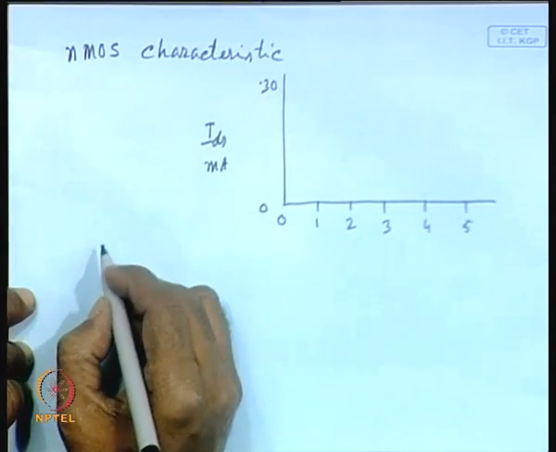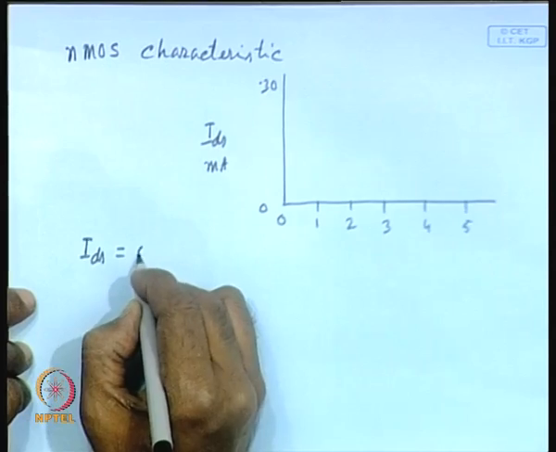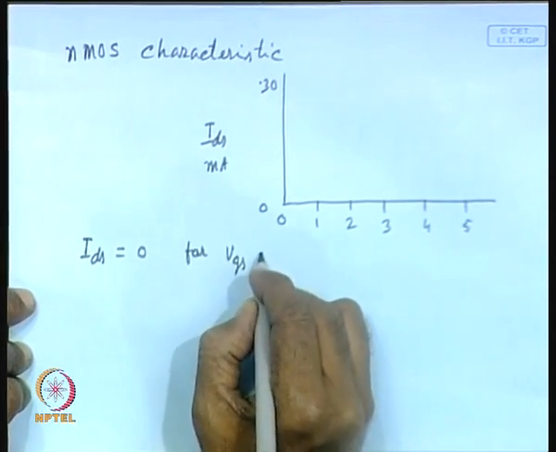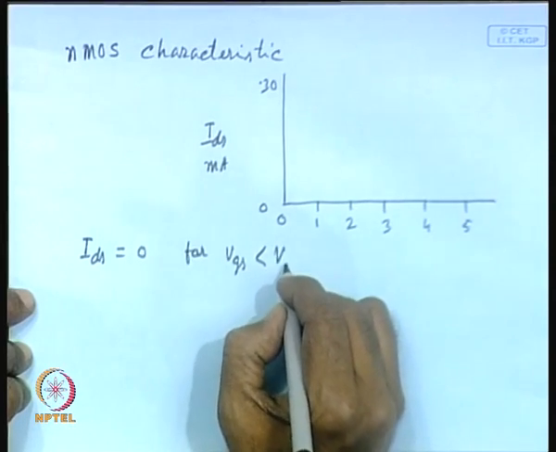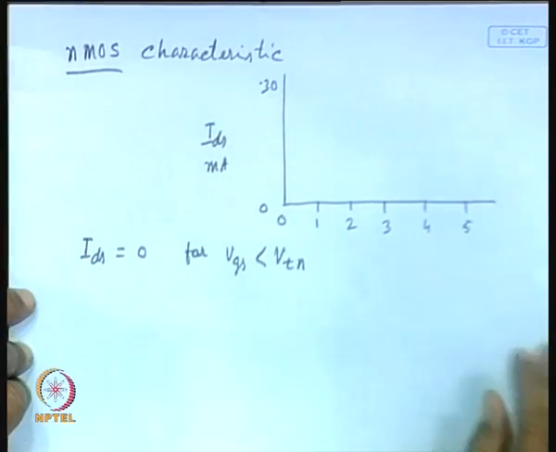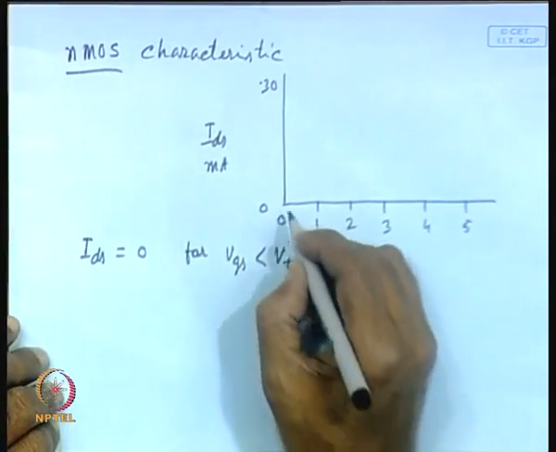Now, as you have seen, there are 3 regions. IDS is equal to 0 for VGS less than VT, we can write VTN if we consider it an NMOS transistor. Which part will represent that? This line.